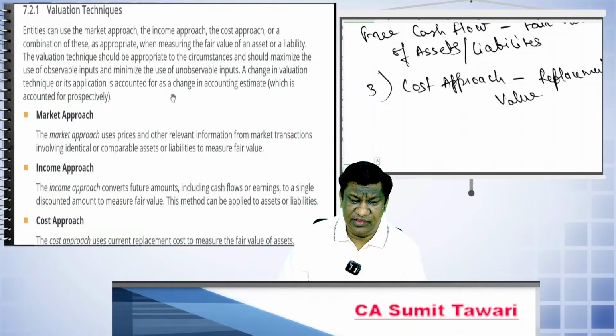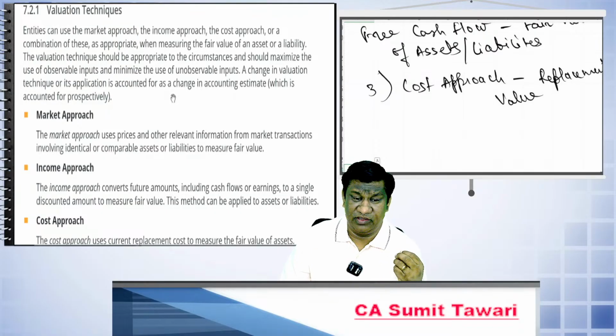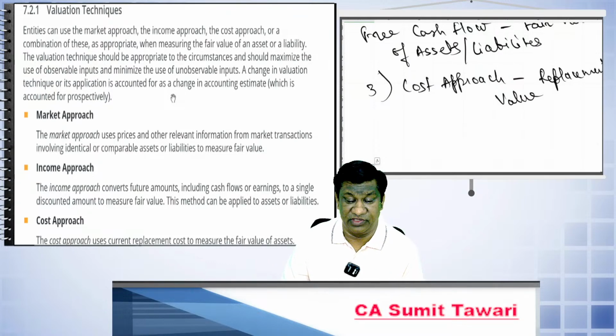Here there is no set priority. It is about what is the more reliable information available, and according to that we need to value our asset. If we get proper information from the market, like shares listed on a stock exchange, we can clearly get the value from the exchange, so in that situation we can use the market approach.